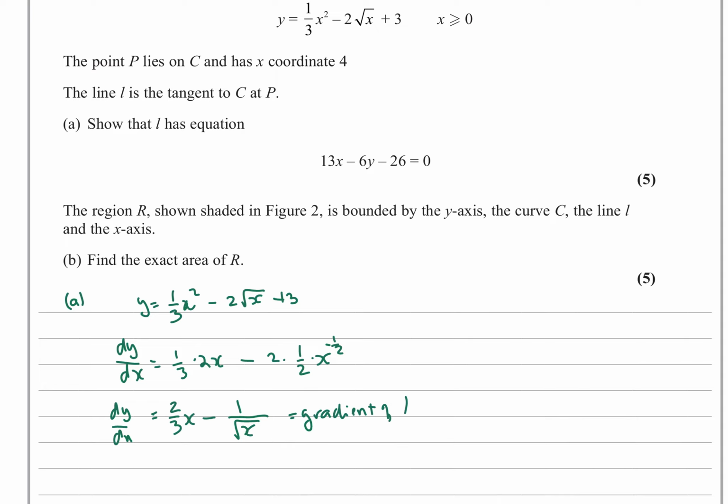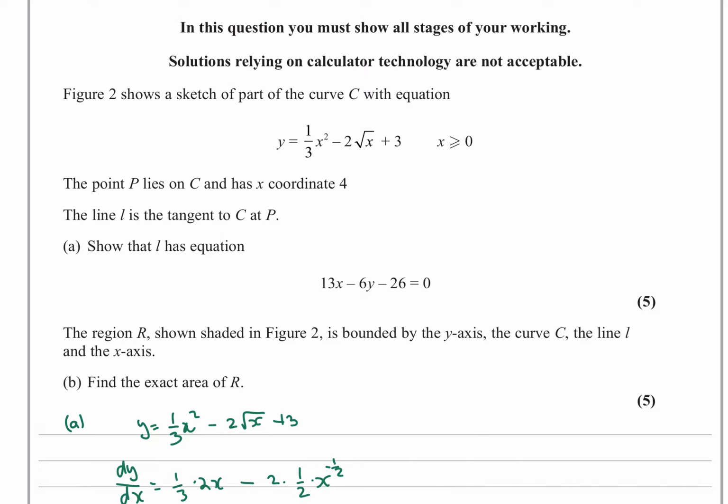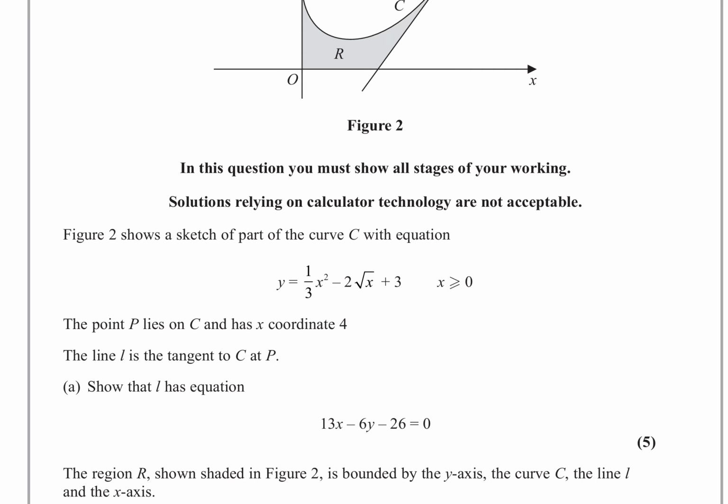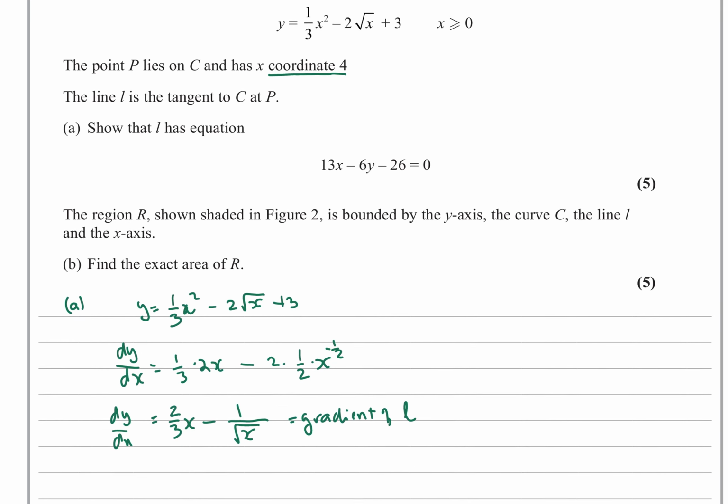Now we need to find the gradient at the point where the x coordinate is 4.